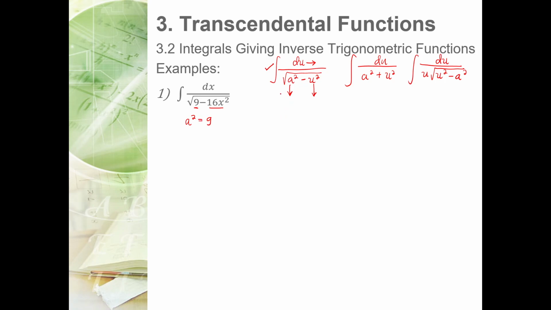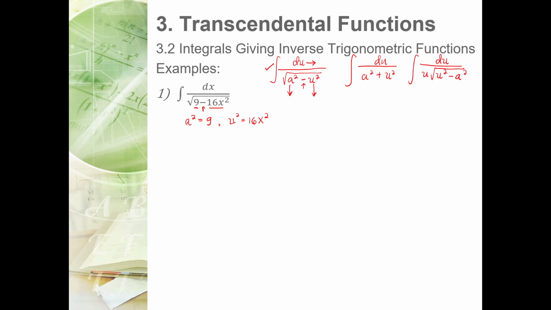And then your u squared, take note that we won't be dealing with the minus sign because the minus sign here is following the format also, so we leave it as is. Your u squared is 16x squared.